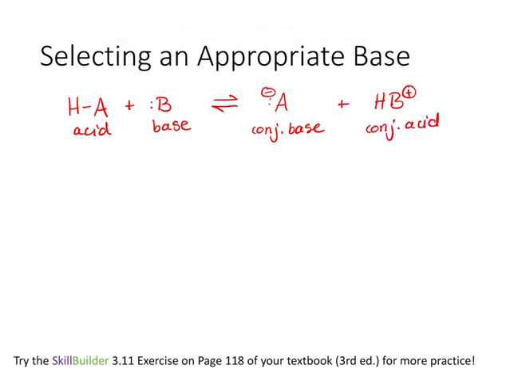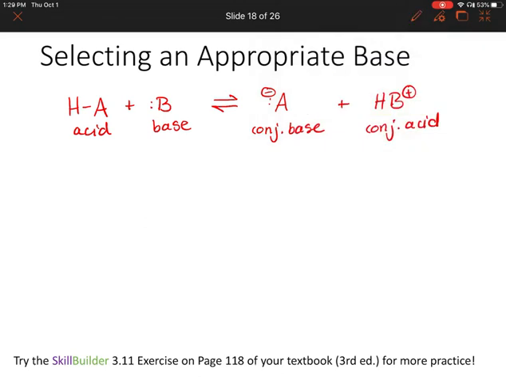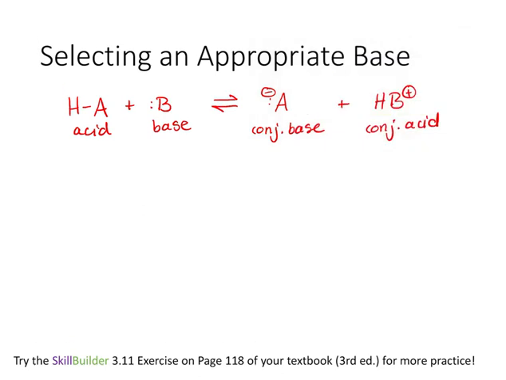So in this reaction, we want to make sure that we have a base that is strong enough to deprotonate the acid, but also will push equilibrium to the right towards the products. So let's write that down.